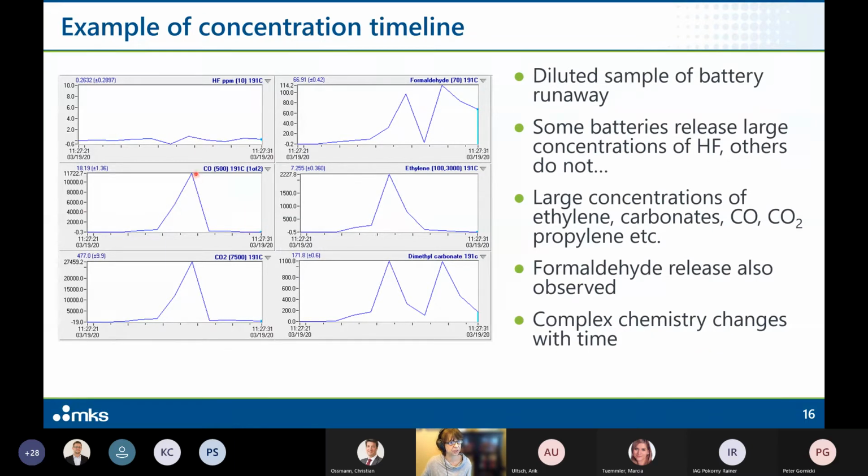CO can get really high at some points in the height of the release, same as ethylene, and then the carbonate as well. There's really a complex chemistry that changes with time. You could see that, if you were to overlap all these gases, things happen at different times. So having the ability to see when things come out helps in understanding the decomposition chemistry.